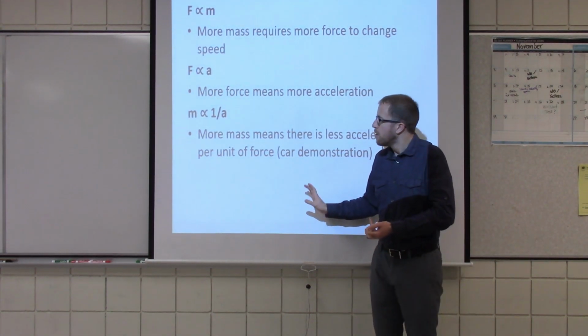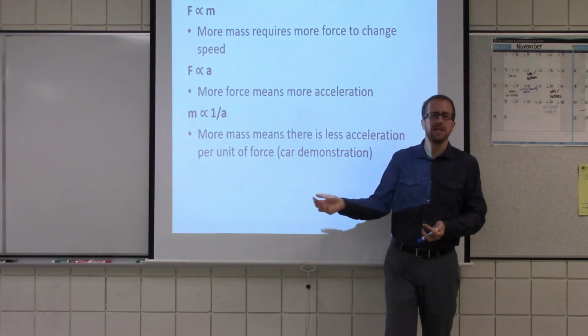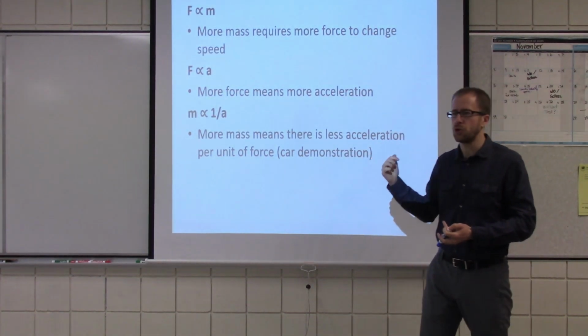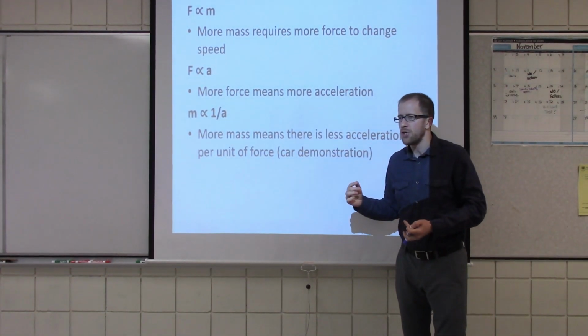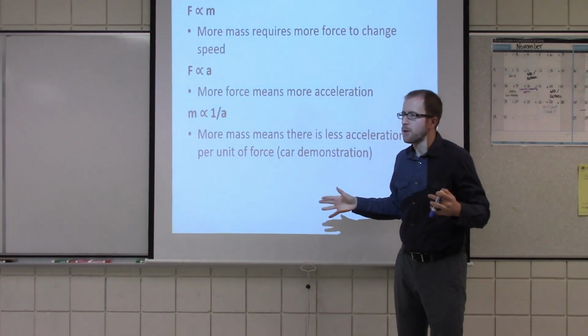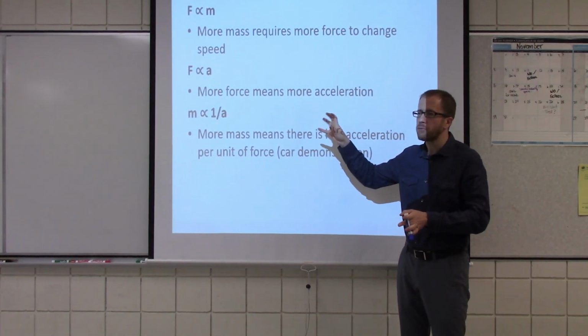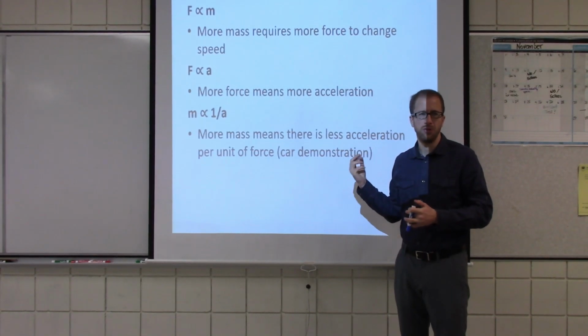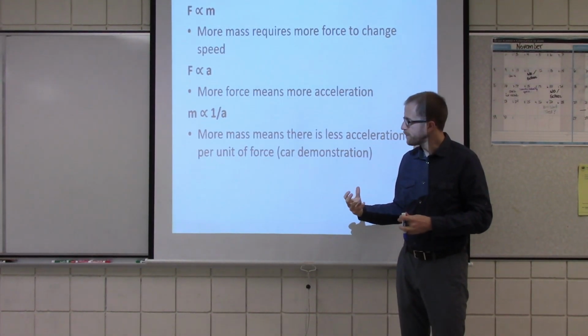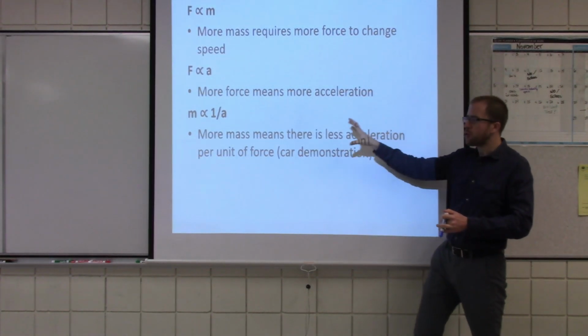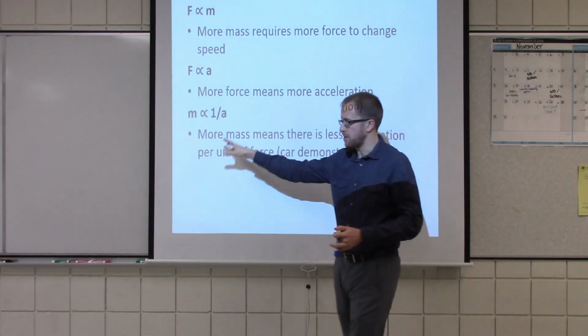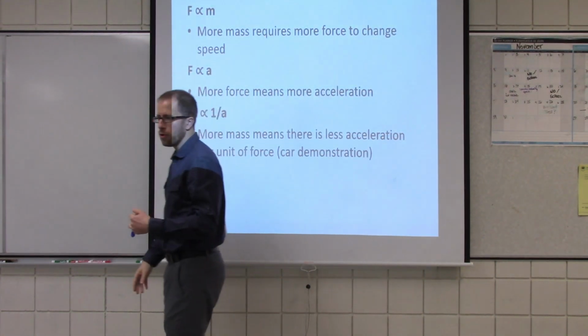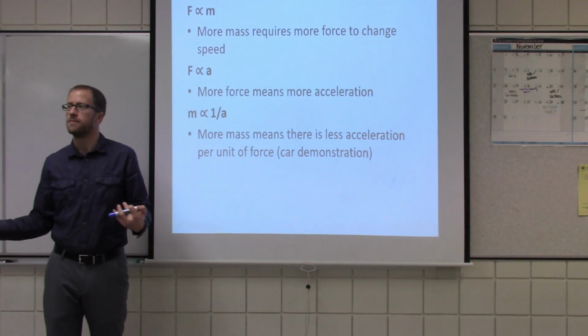And then lastly, we have mass. Mass is inversely proportional to acceleration. So given the same force, the heavier the object, the less that object will accelerate. And you already have somewhat of an intuitive idea of this concept, because inertia is what?